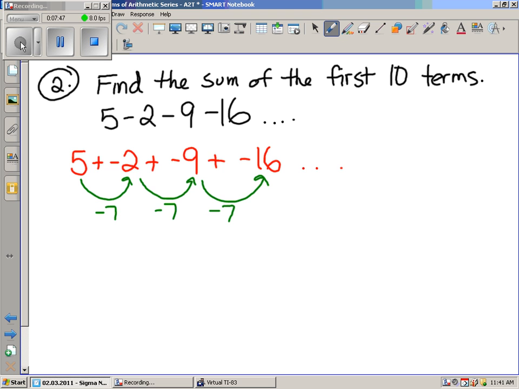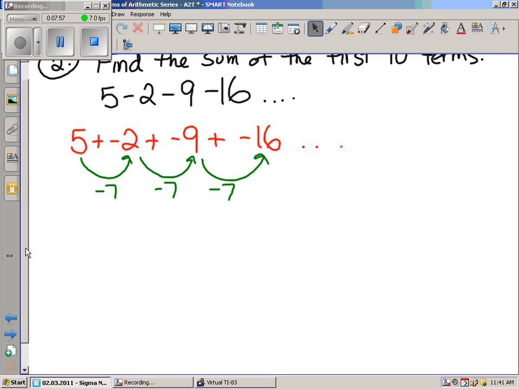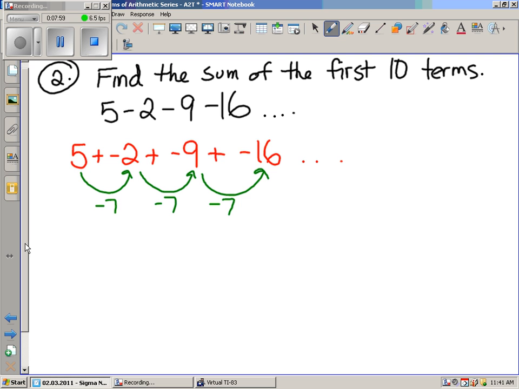Now find the sum of the first 10 terms. I mean, you gotta have the first 10 terms in order to find the sum. So let's try and build that out. Right? 1, 2, 3, 4, 5, 6, 7, 8, 9, 10 terms. 5, -2, -9, -16.